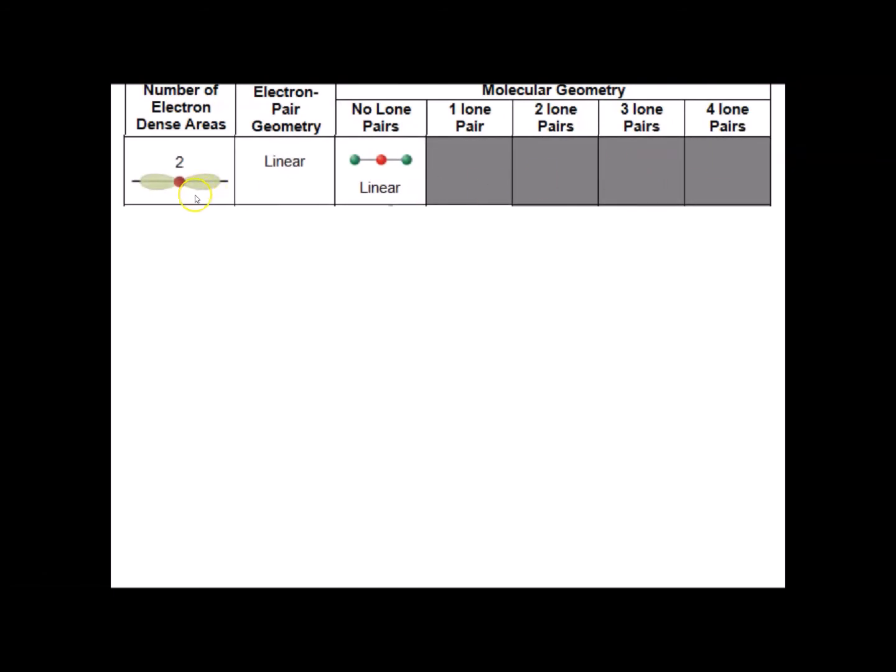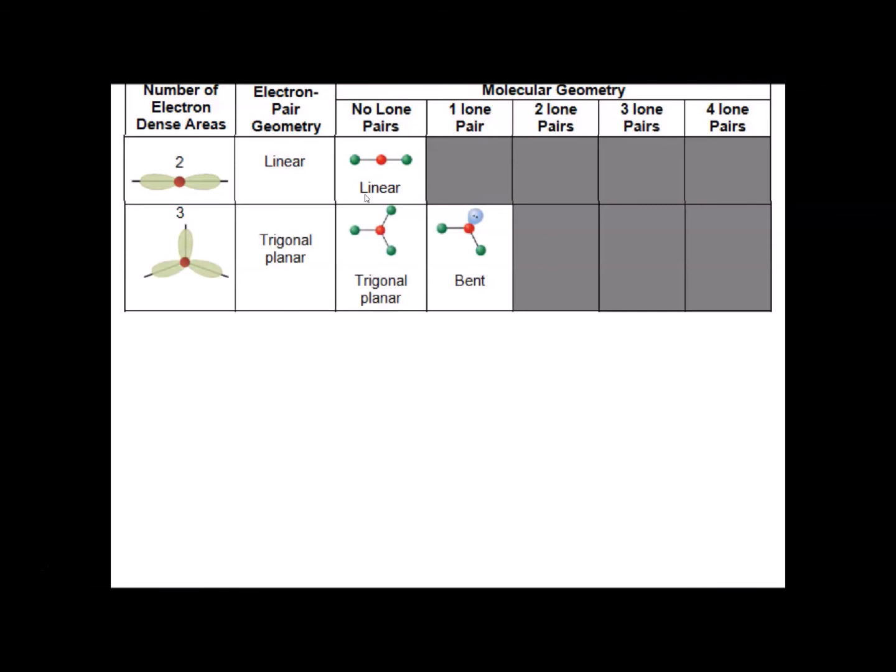If there are 2 electron groups, your electron geometry is called linear. And students, there's no way for a lone pair of electrons to exist if there's only 2 electron groups. So the molecule will necessarily be linear in shape if you have 2 electron groups. Notice, if there's no lone pairs, the electron geometry name matches the molecular shape name. What if there's 3 electron groups?